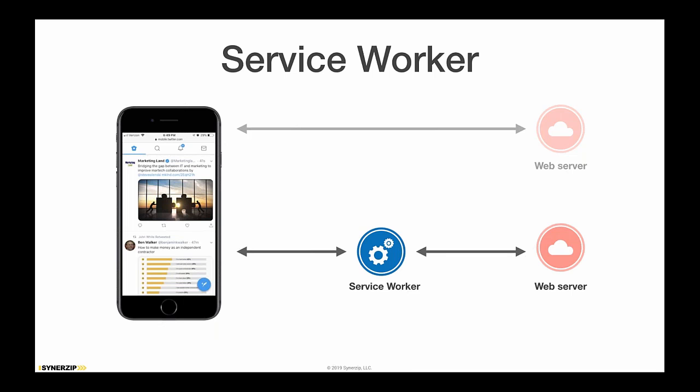You can control the caching strategy of a data request differently compared to an image request. Service workers are equivalent to scripts, and they run separately from the browser's main thread. The browser's main thread is where all the rendering and all the user interactions happen. Service workers are not blocking that thread, so they run independently.